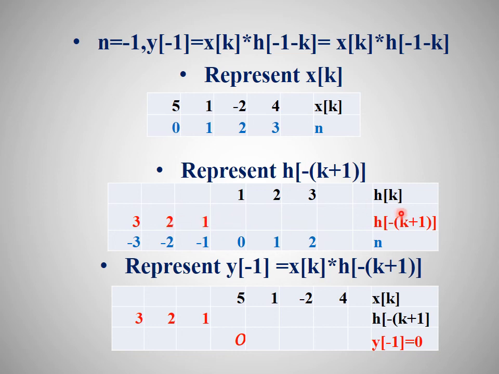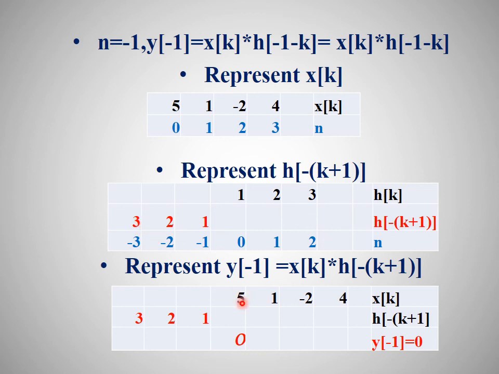Please note, since it is a plus 1, it is going to be shifted on the negative time axis, on this side instead of the other side which we have discussed so far, because there was a negative sign so far. Now we have a positive sign, so it is shifted towards the left, which means at -1 it becomes 1, at -2 it becomes 2, and at -3 it becomes 3.